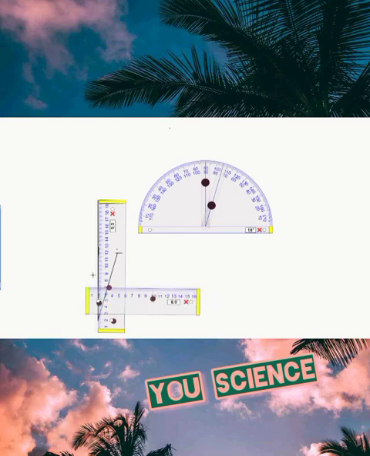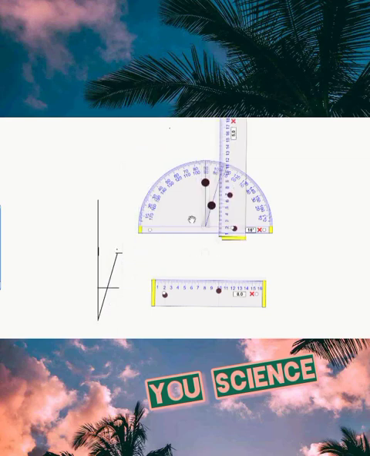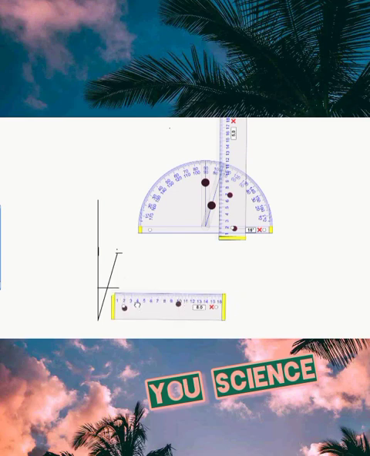So with the help of this ruler, I'll be able to draw a line through this. So the length of this line, this point where this line intersects this angle, gives the displacement. So we can do this and measure from this.